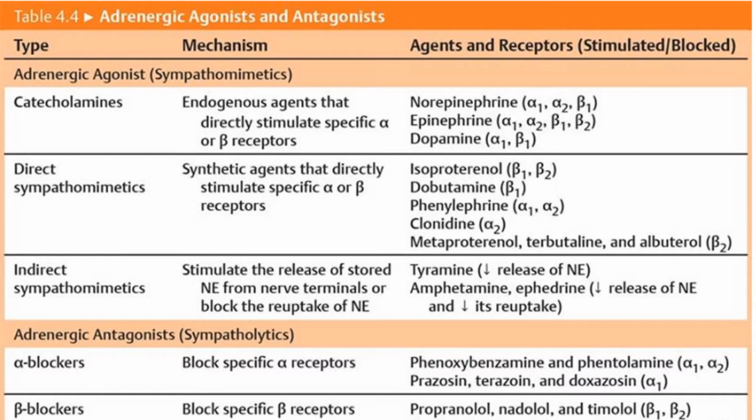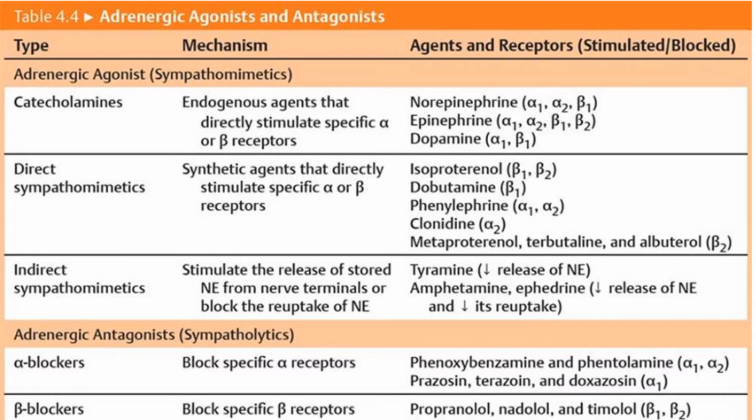Let's leave alpha-2 alone for a minute. Beta-1 is almost exclusively in the heart. So if it stimulates beta-1, what's it going to do? It's going to increase heart rate and increase contractility, because that's where the beta-1 receptor lives.